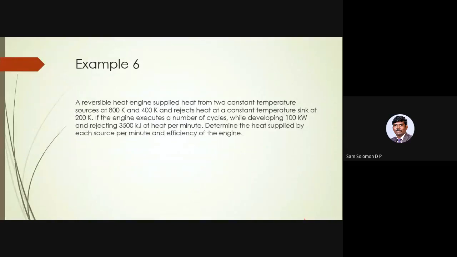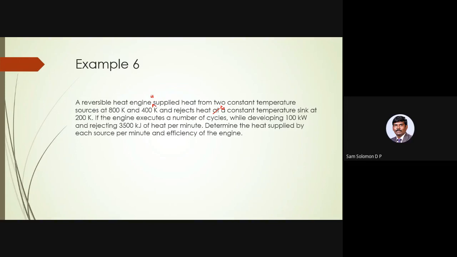In example number 6, a reversible heat engine is supplied heat from 2 constant temperature sources at 800 Kelvin and 400 Kelvin, and rejects heat to a constant temperature sink at 200 Kelvin.